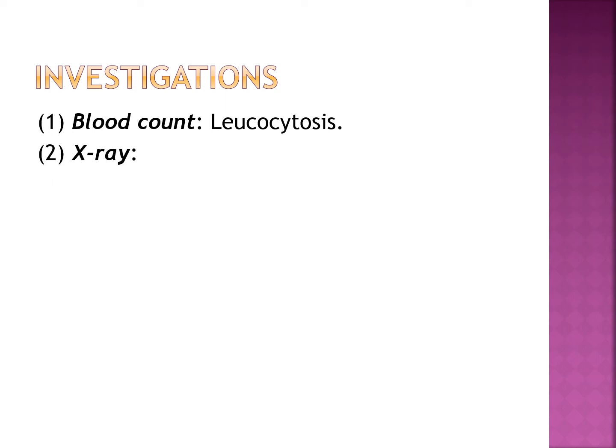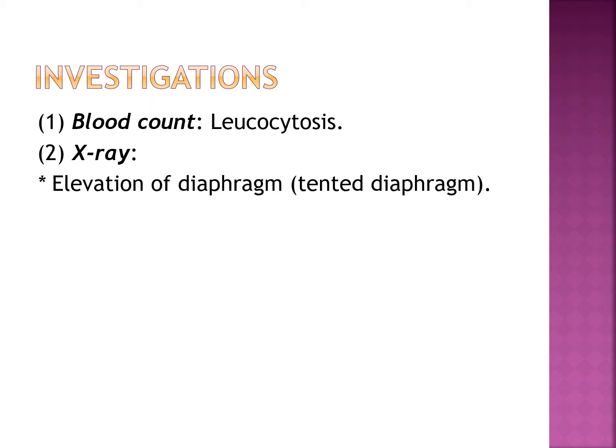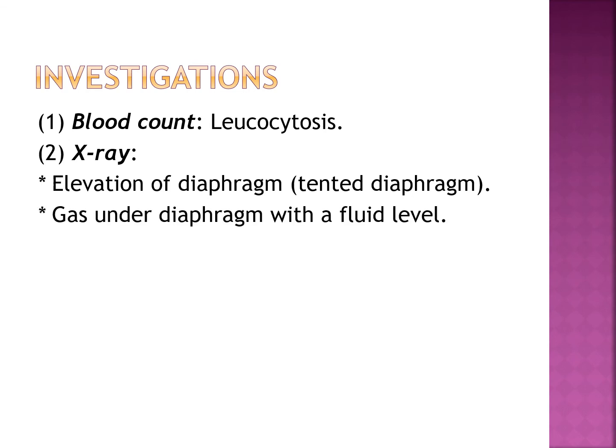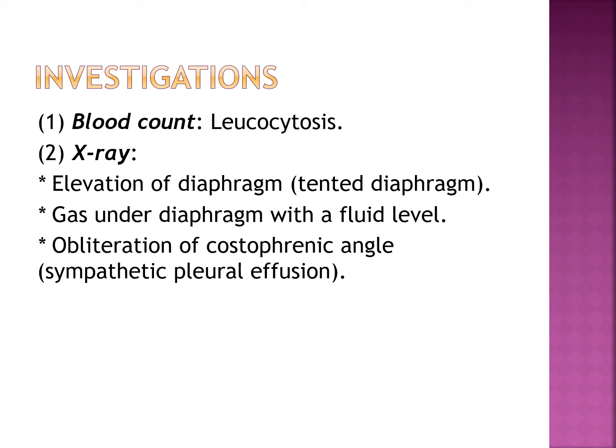Investigations done if you are suspecting a subphrenic abscess: blood count with leukocytosis, but again it is non-specific, as it can be raised in any form of inflammation. X-ray might be helpful. It can show an elevated copula of the diaphragm, and gas under the diaphragm with a fluid level. There might be obliteration of the costophrenic angle due to sympathetic pleural effusion from the pus below the diaphragm.